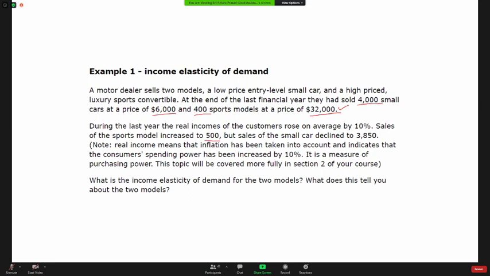It was 400, it now increased to 500. Sales of small cars declined to 3,850. Declined to, not by, means it was 4,000 before and now it became 3,850. Now, what is the income elasticity of demand for the two models? What does this tell you about the models?